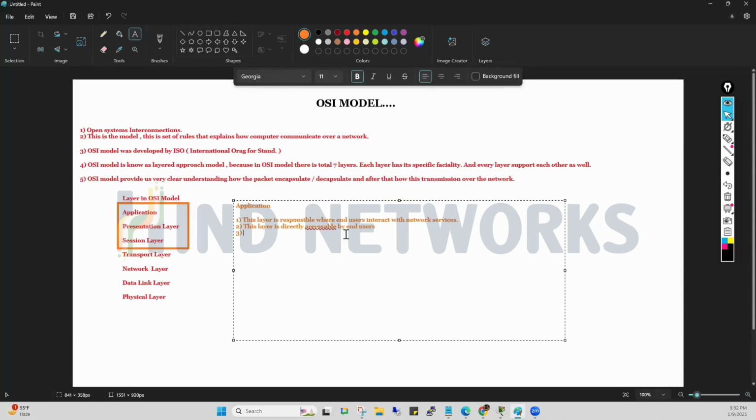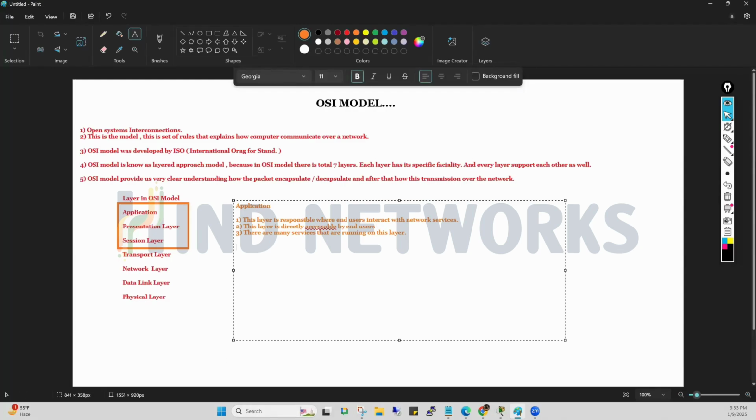Now, after that, the third point you need to understand about the application layer. There are many services running on this layer, or you can say there are multiple services that work on the application layer.